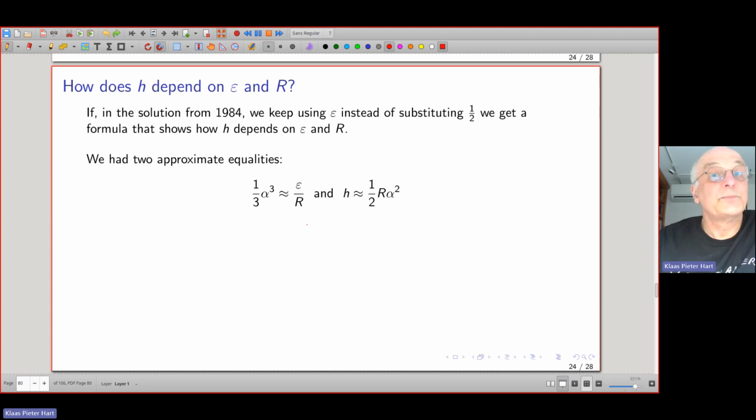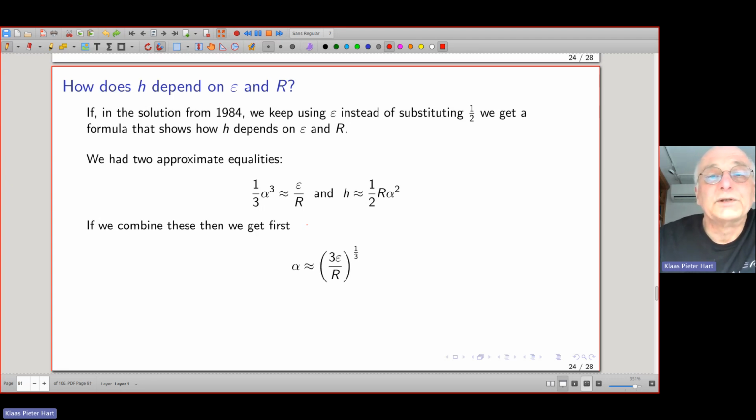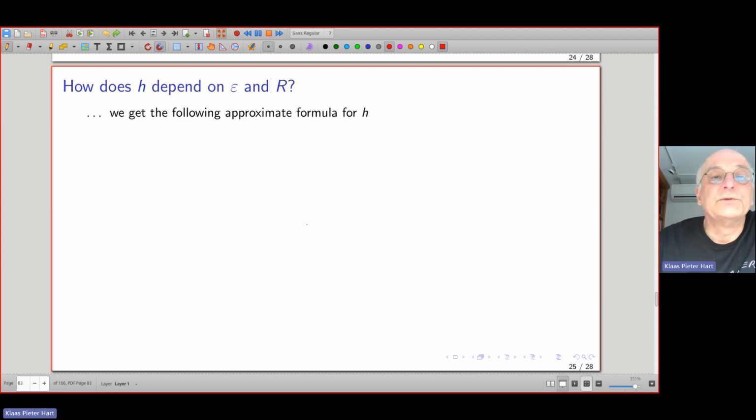We had these two approximate equalities, and they are pretty good equalities, as the theory of Taylor polynomials will tell you. And then we solve the first one. Alpha is equal to 3 epsilon over r to the power 1/3.